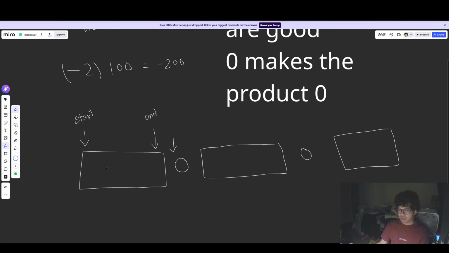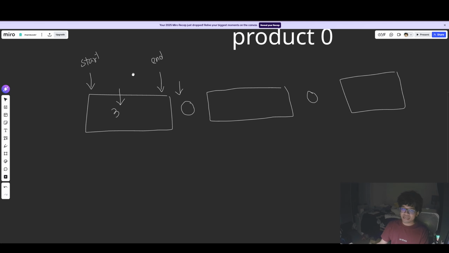Let's say there are 3 negative numbers in these partitions. If there are 3 negative numbers in an array partition, what can we do? Let's say the partition looks like this: 2, 3, -5, 7, -6, and -5.